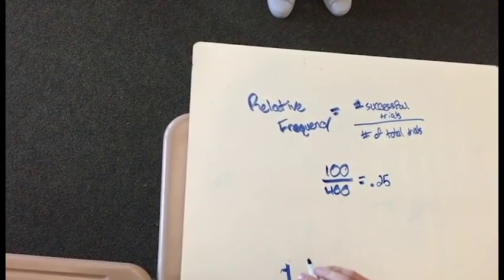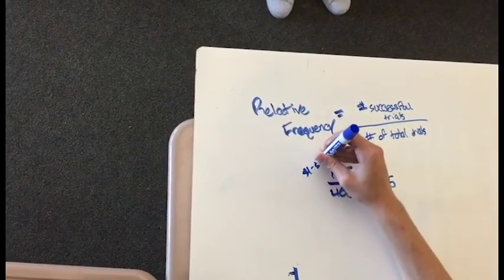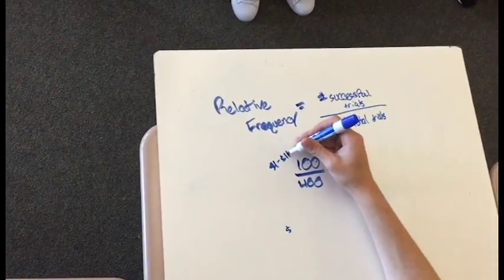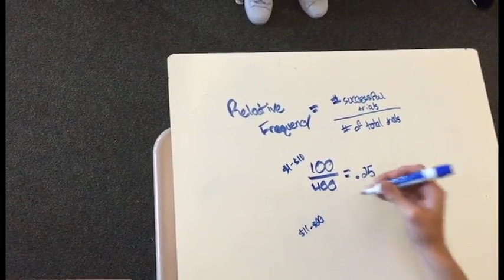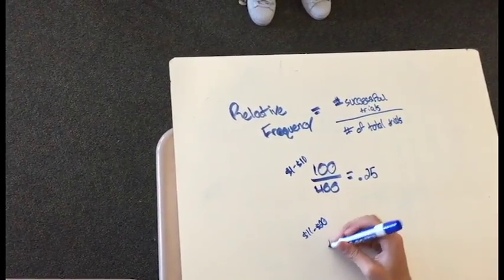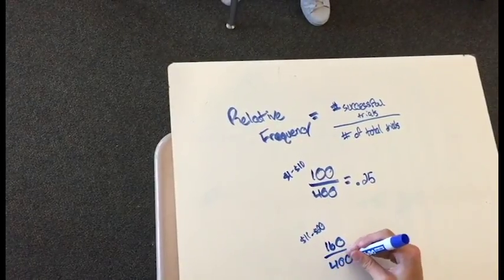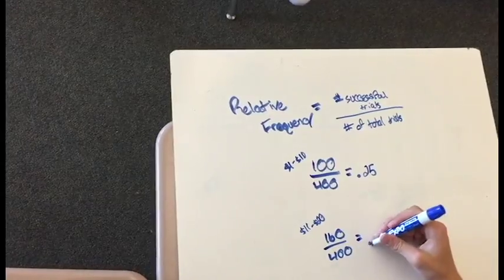And 11 to 20 is going to be 160 divided by the total, which is 400, and that is going to equal 0.4.